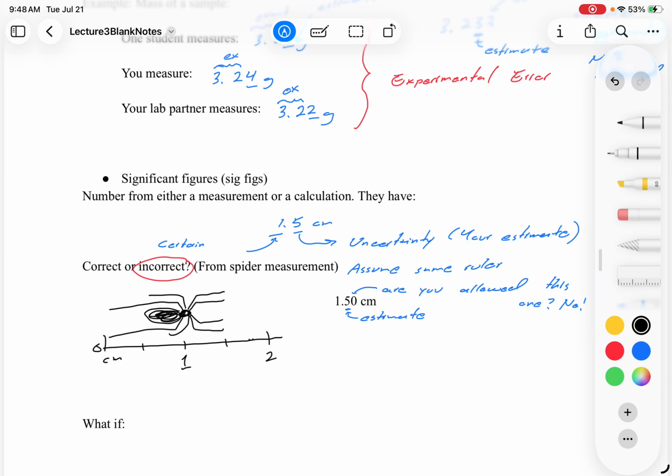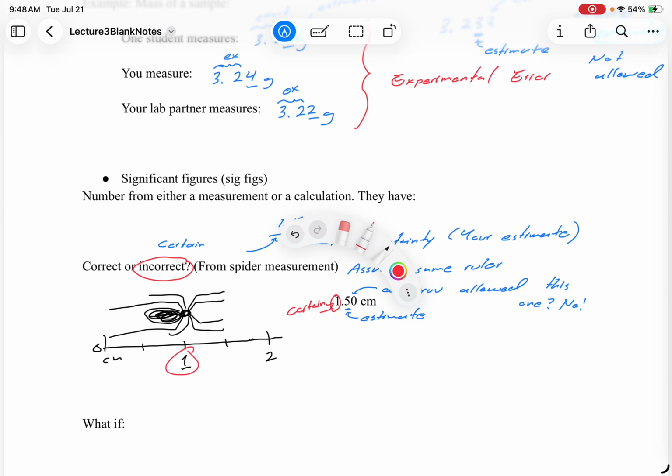Okay. So remember your ruler, right? We are certain about 1, because a spider obviously clearly passes 1. But we are not certain about whether the spider crosses the 0.5 mark or not.